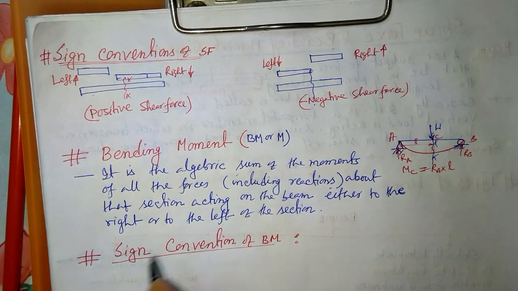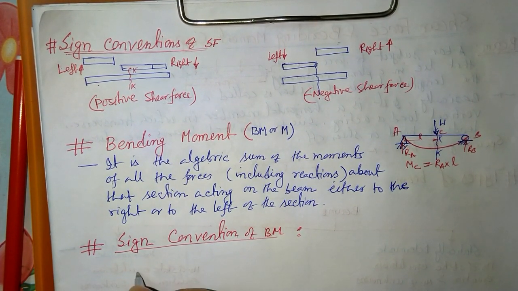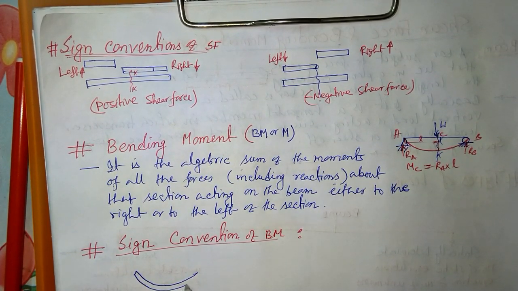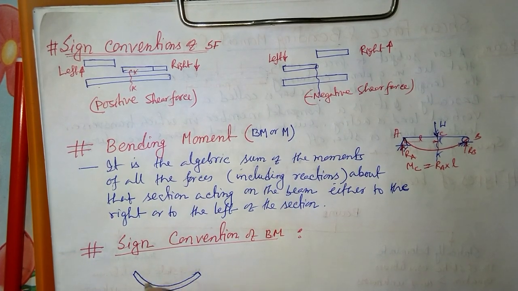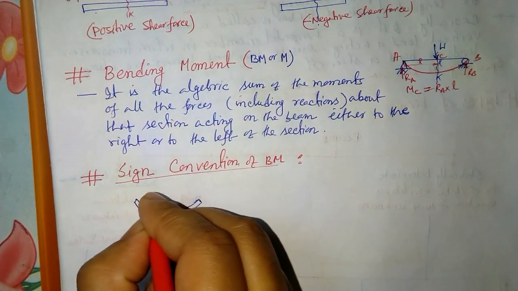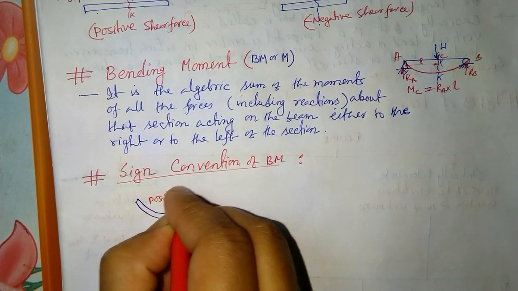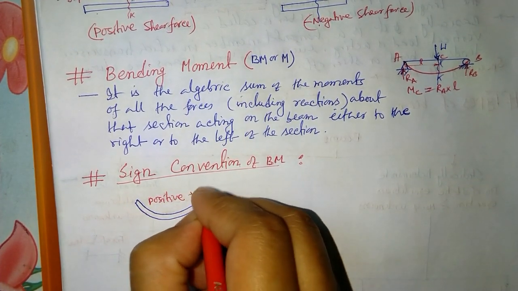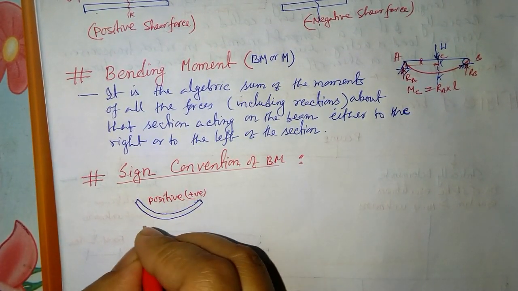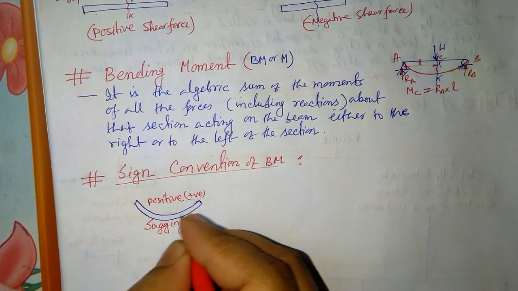So during the bending, if it forms a concave upward shape, like this, then we call this positive. This will be our positive bending moment, and this kind of concave upward curve is known as sagging. This kind of bending is known as sagging bending.